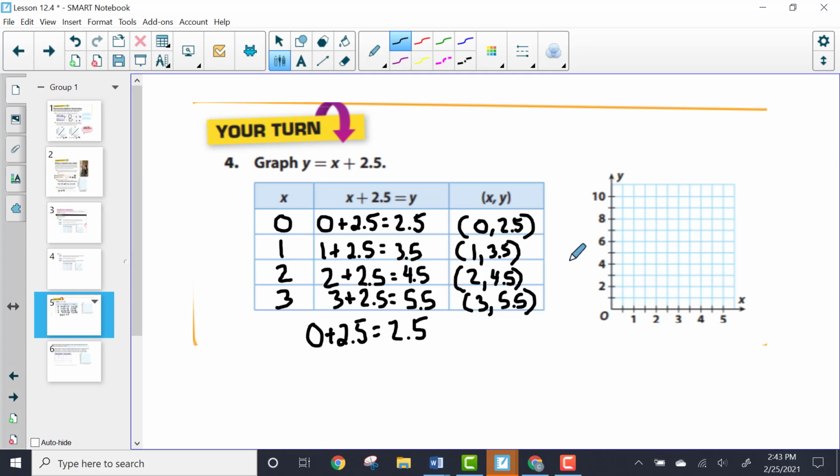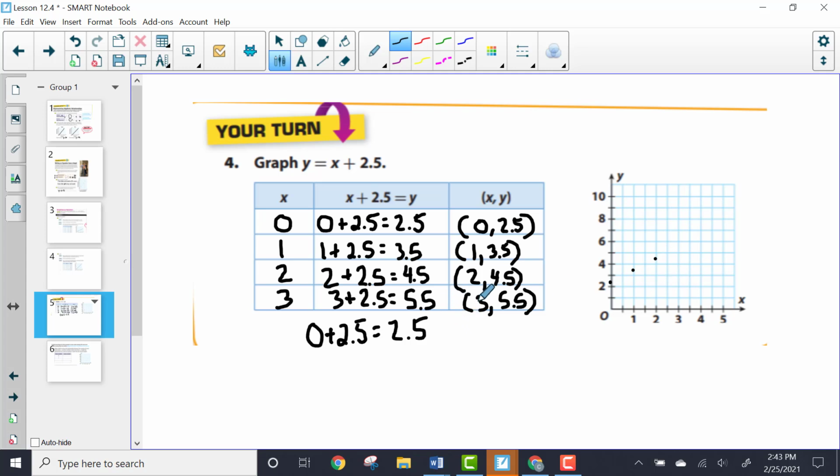Okay, so for this one, we have 0 on the x-axis and going up 2.5. So I'll put my point right there. Next one, we have 1 and 3.5. So we go over 1 and we go up 3.5. Next one, we have 2 and then 4.5.